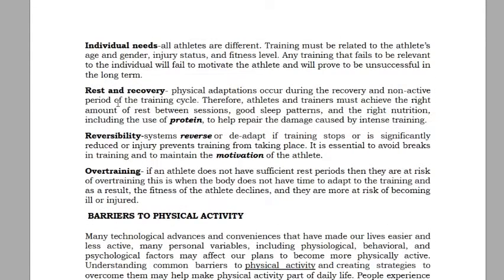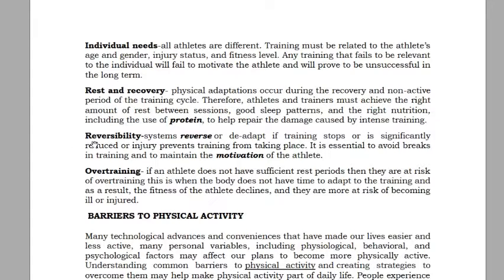So, rest and recovery. Physical adaptations occur during the recovery and non-active period of the training cycle. Therefore, athletes and trainers must achieve the right amount of rest between sessions, good sleep patterns, and the right nutrition, including the use of protein to help repair the damage caused by intense training.